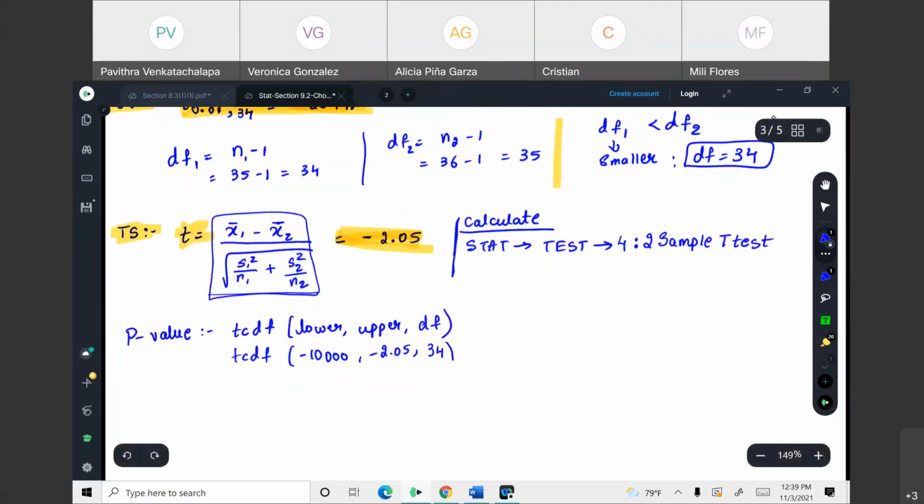And DF is 34. And tell me the p-value. Any values?